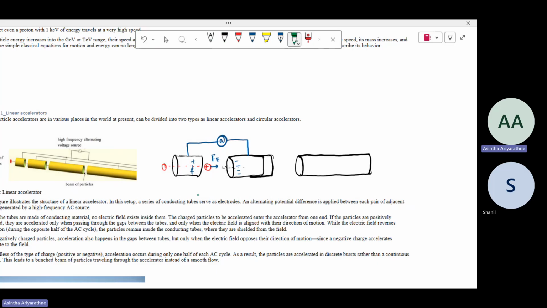The velocity of the particle going through the first electrode, let's say V1, is lower than in the next. Another thing: when the particle is going through the electrode, no acceleration happens. Acceleration happens only in the region where the particle flows through the gap.